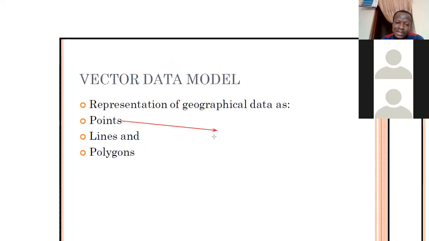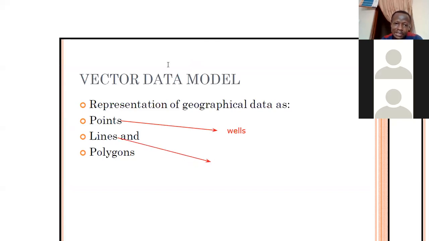Which objects on the earth can be represented as points? Wells, for example. You go and look for a well, get its XY coordinates, and then it will be plotted as a point and can be symbolized in a certain way. For lines, I'll go for railway.